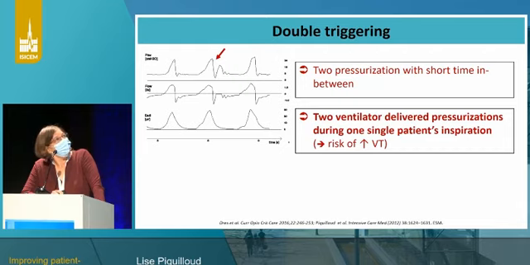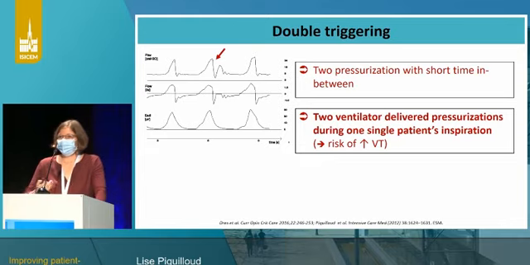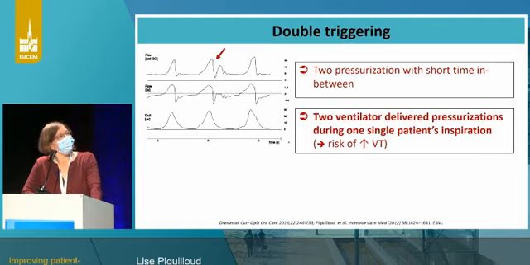We very well see here that we have two pressurizations during one single patient breath. And this is a problem for our patients because this can lead to high tidal volumes, and that we don't want. This can also be very uncomfortable for our patients, then further increasing the drive and further deteriorating the situation.